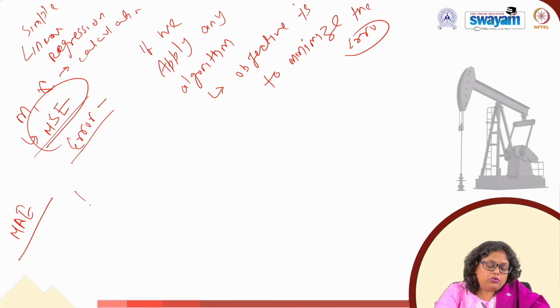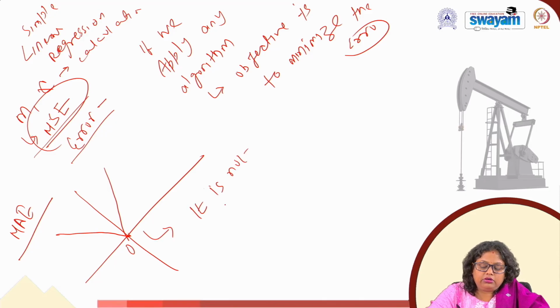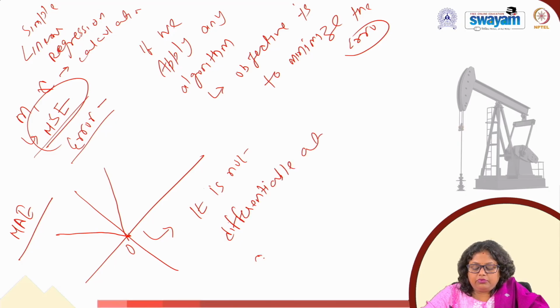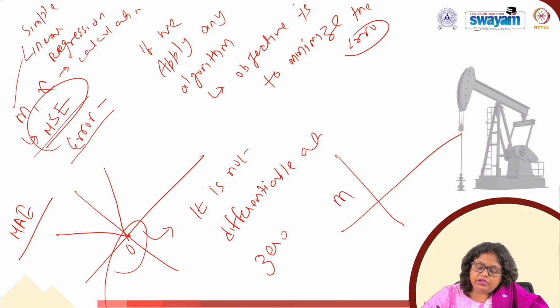Okay. So this error, when we will have this one, it is not differentiable at 0. Okay, so when we made the discussion last day for the calculation of M and C, what we did is we are varying the M keeping C constant.